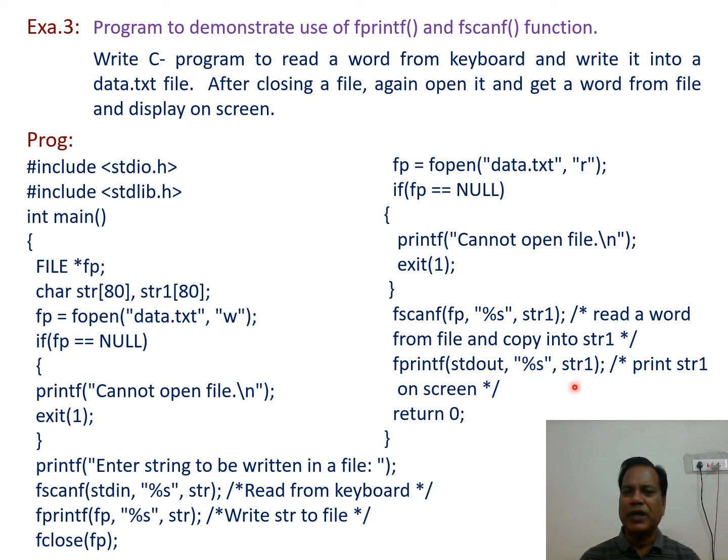So that is printed on the output screen, and after that return 0. Return 0 is the end of the main function. So this returns the value 0 to the operating system, informing the operating system that the program ran properly.